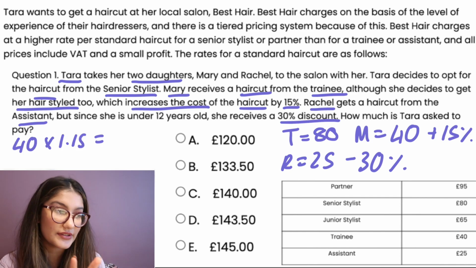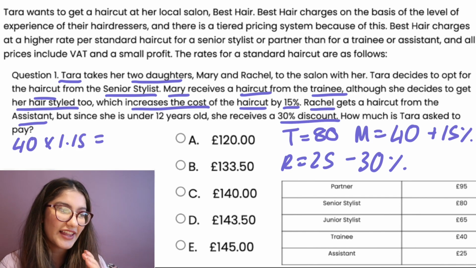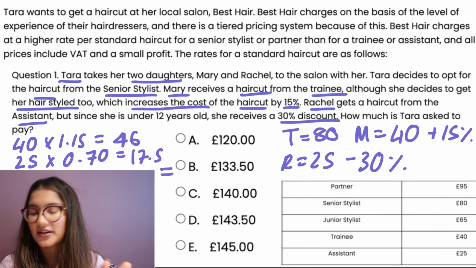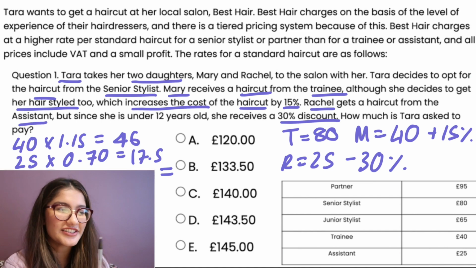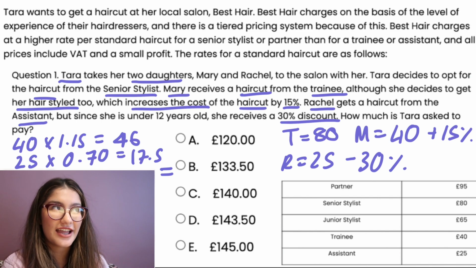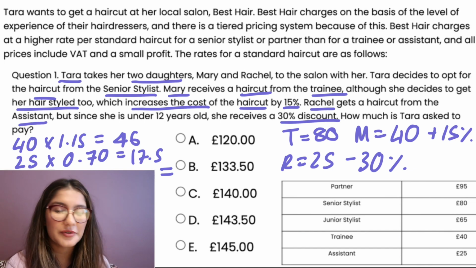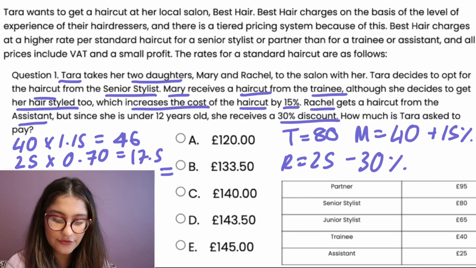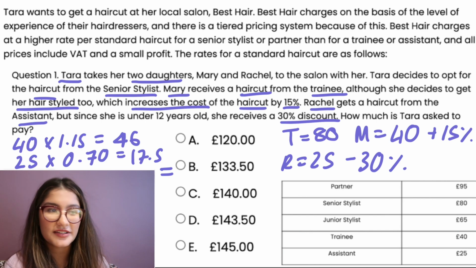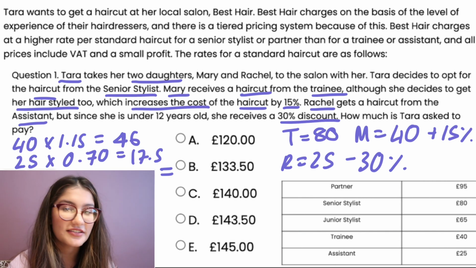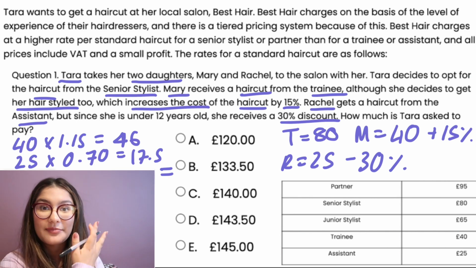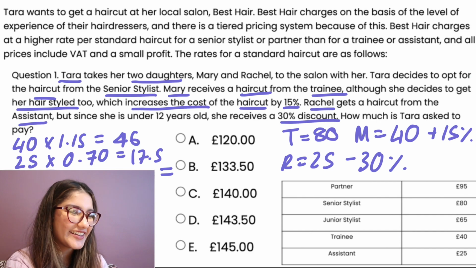So a really quick way to do this is, because Rachel's haircut was £25 and you want to minus 30%, you just do £25 times 0.7, and that gives you 70% of £25, which gives you how much you need to pay, which I think is genius. And obviously if you know how to do quick maths and mental maths, you'll be able to do this in your head, and that is something I really recommend that you do. I'm so gassed that my A-levels maths is coming into use here.